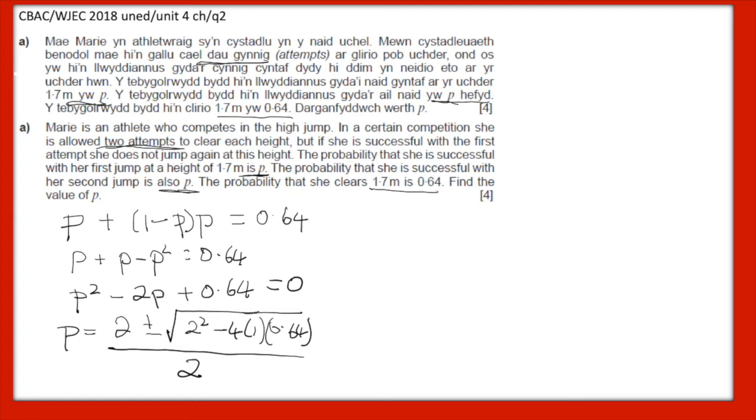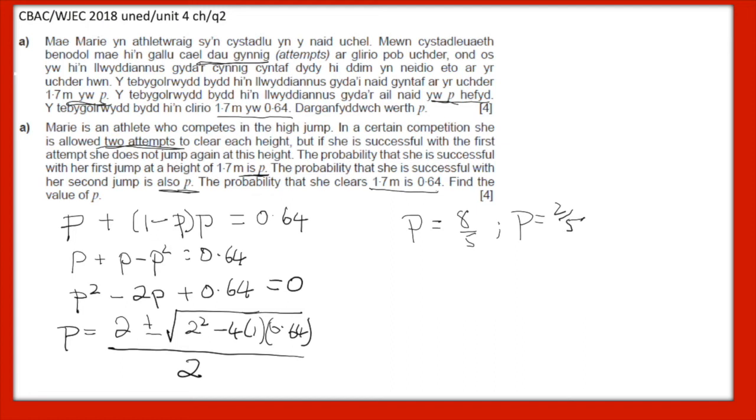Now this gives me, as all quadratics will, 2 answers. And the answers you'll get from your calculator are that P is 8/5 or that P is 2/5.